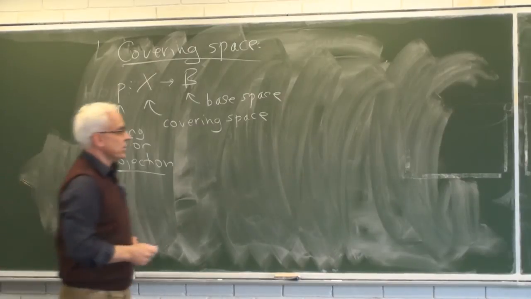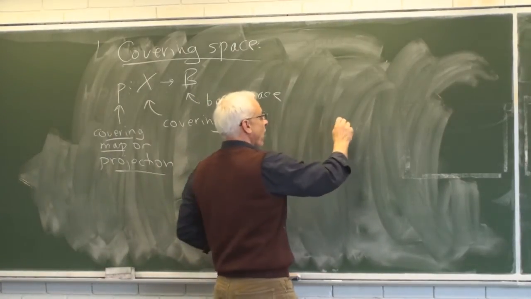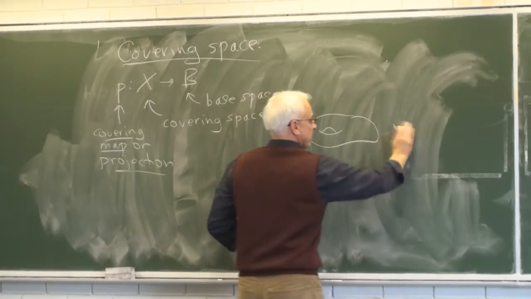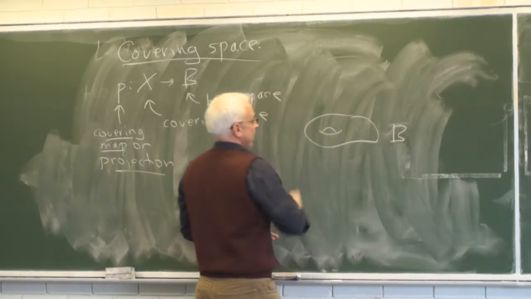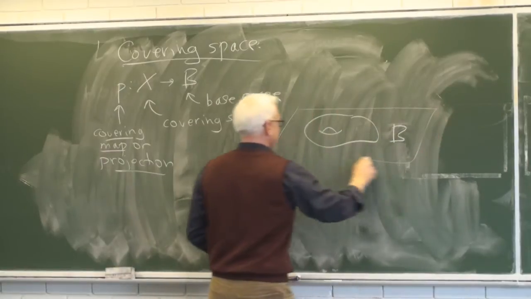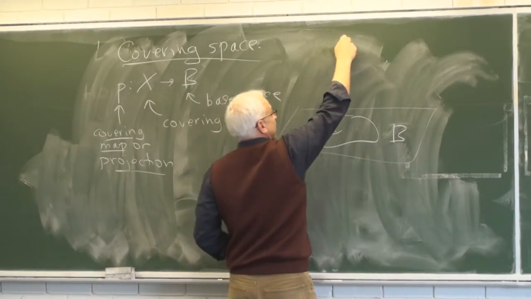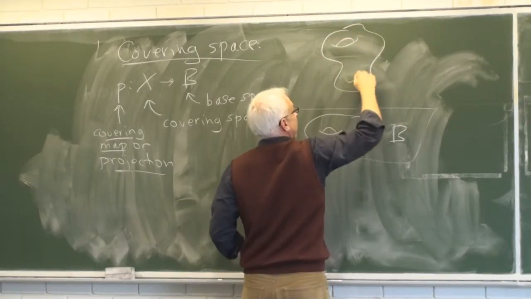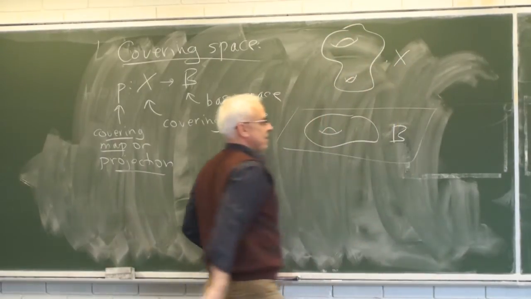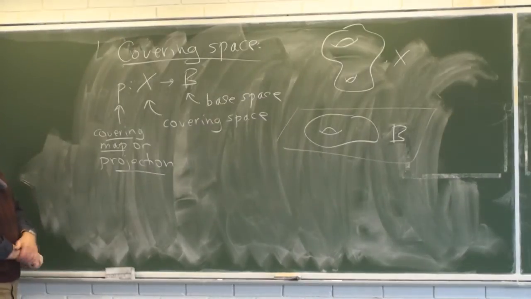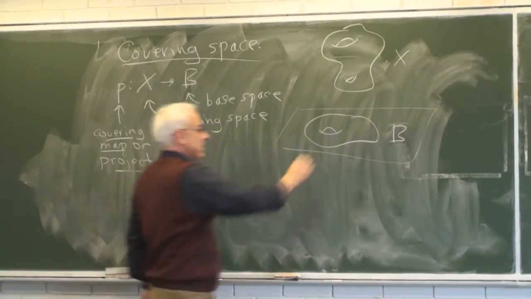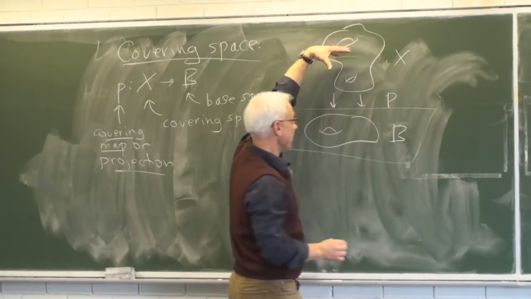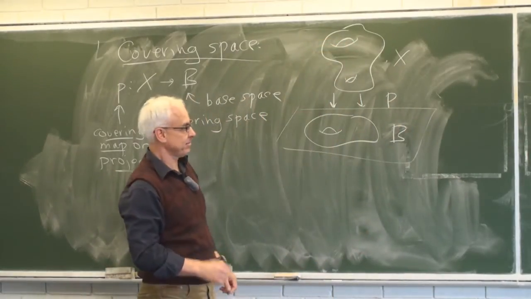And the picture that we're going to draw for this kind of thing is having some space. You put the base here, and think of that in some kind of plane, and then above it is some more complicated space, perhaps, space X. And we're thinking of the map as being some kind of projection from the top onto this base.